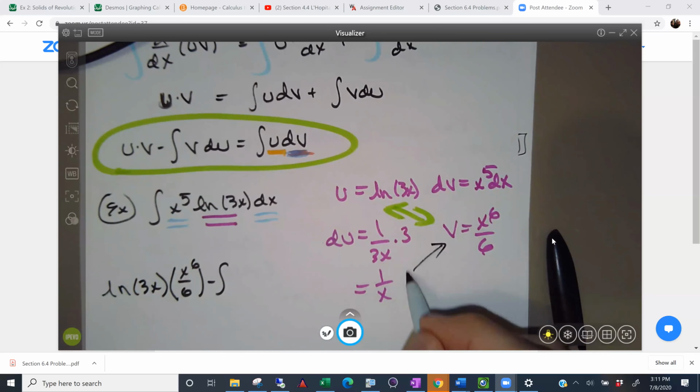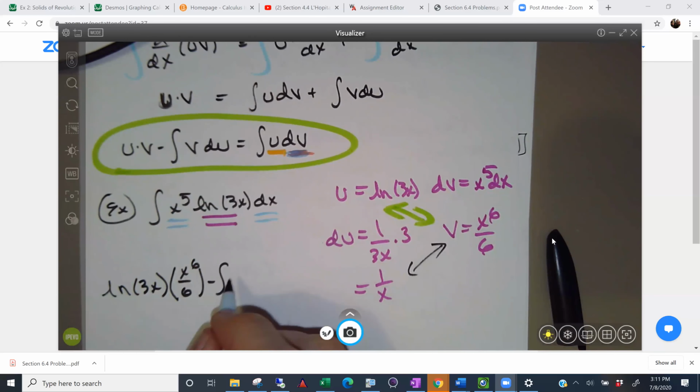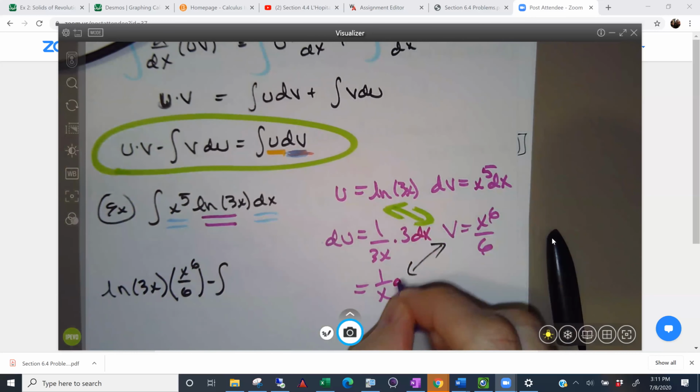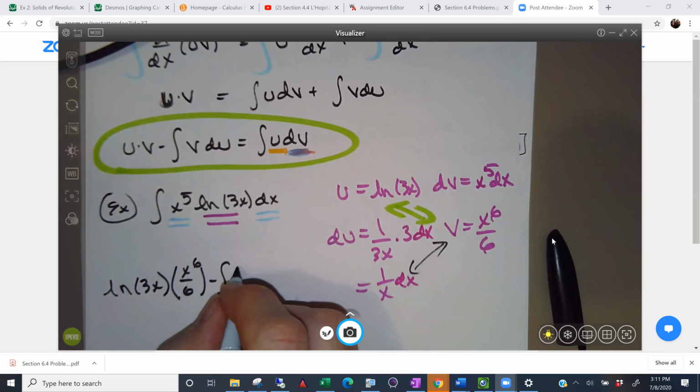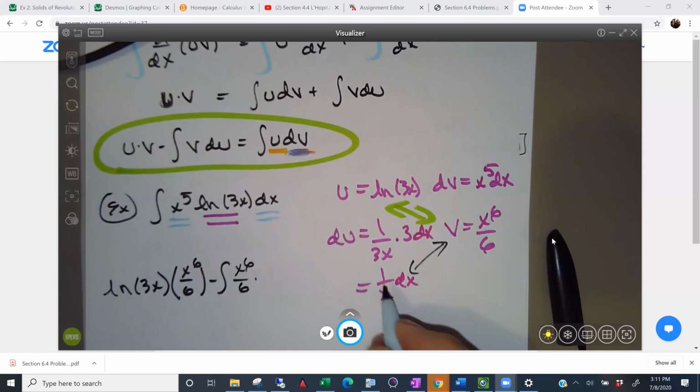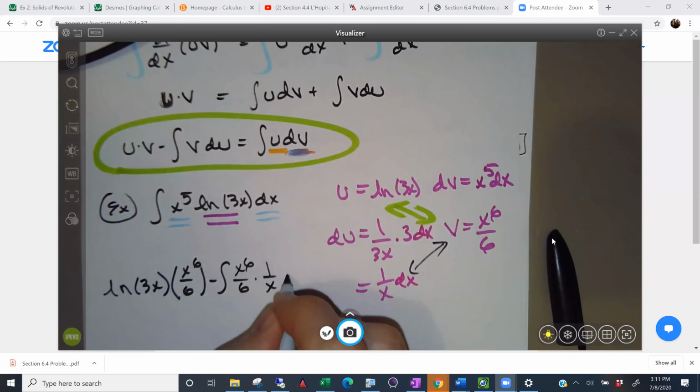Actually, these two, right? So it's going to be x to the 6th. You know what? There's a dx term here. So let's put that in there. So I get x to the 6 over 6 times 1 over x dx.